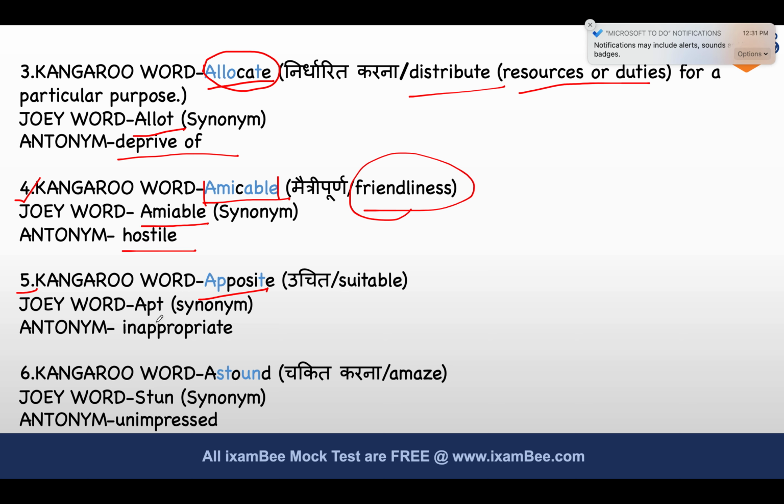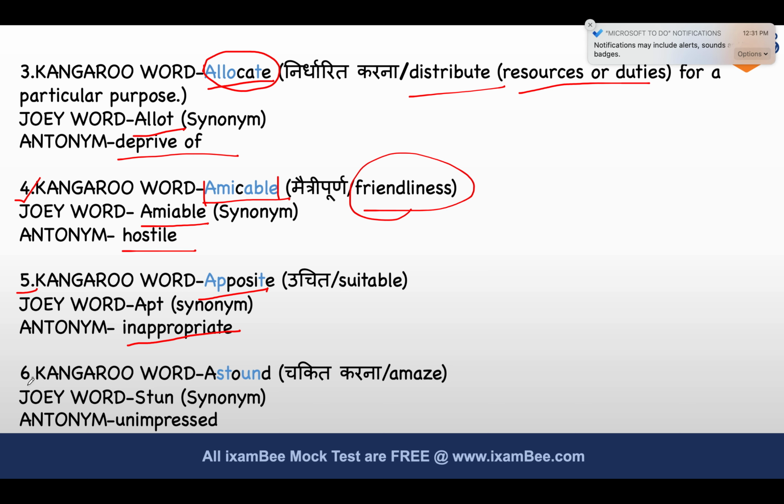Now, what about the antonym? If appropriate is the word, what is the opposite of appropriate? Something that is not appropriate, something that is not suitable, right? Not apt in that sense. So in this case, we can use the word inappropriate as an antonym.